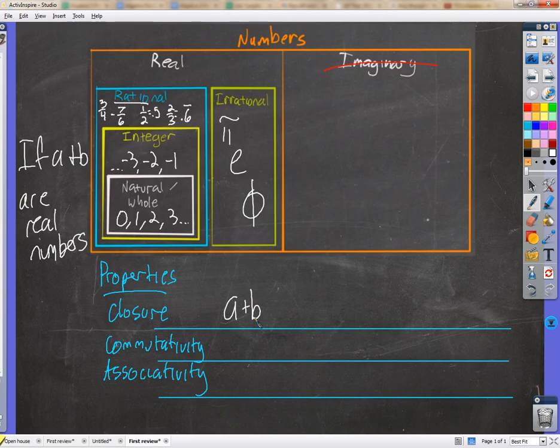Okay, that's what closure means. If I add a real number plus a real number, I won't get an imaginary number somehow. I'll get another real number. This works for multiplication as well. So A plus B would be a real number, and A times B would be a real number.